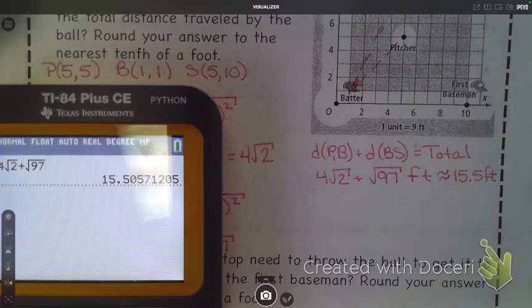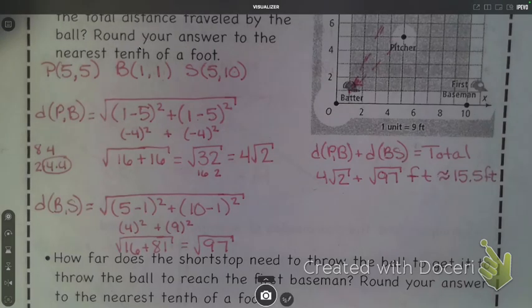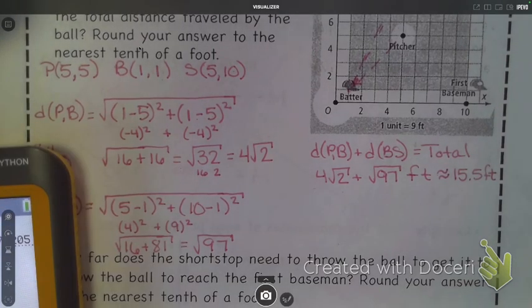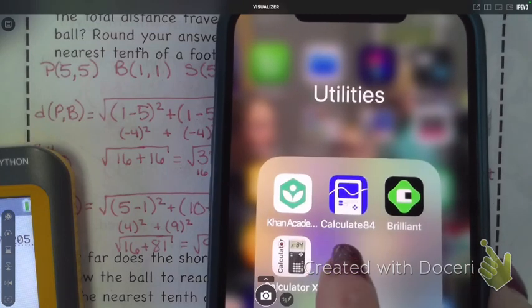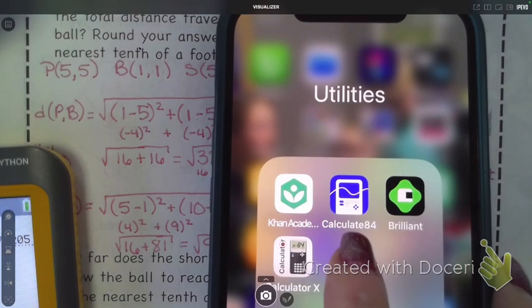If you want to use a calculator like this at home, you can do it on your phone. You can write this down and go get it. It's free. It looks like this. It's Calculate 84, if you want to write that down.